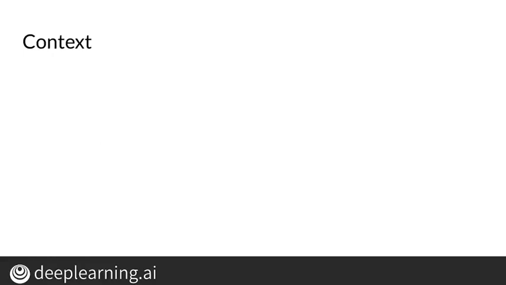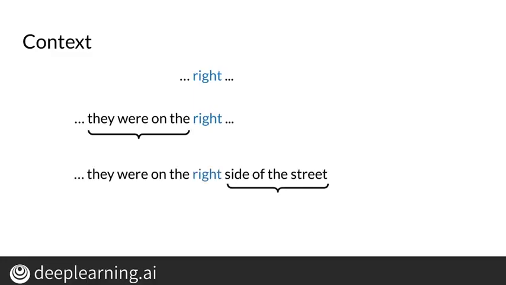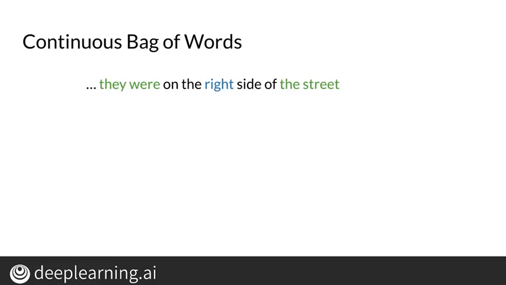So let's look at context over here. Let's say we have the word right, and ideally we want to see what this word means. So we can look at the context before it, and then we can also look at the context after it. And that's how we've been able to train word embeddings so far. So for the continuous bag of words, over here you have the word right.